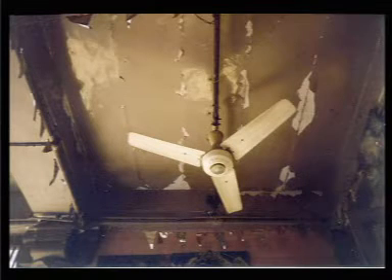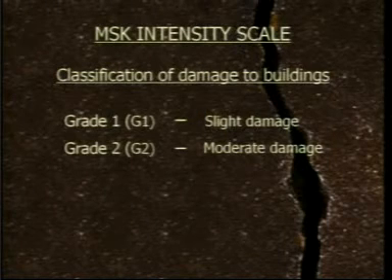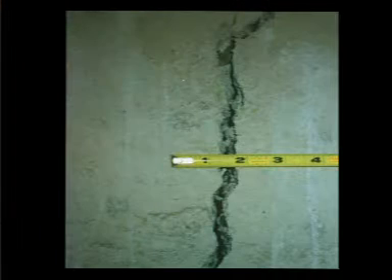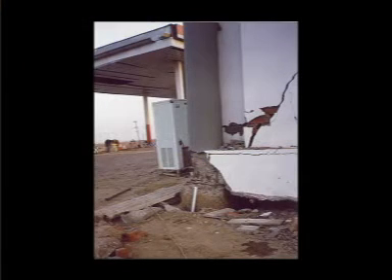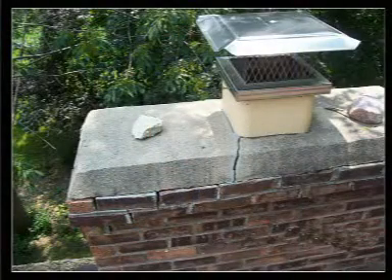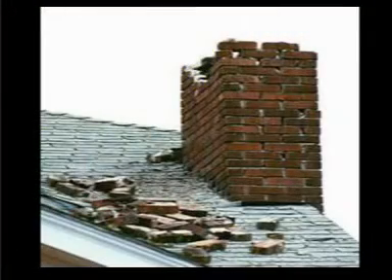It is defined as fine cracks in plaster and fall of small pieces of plaster. Grade 2 is higher than grade 1, which means moderate damage. In this, small cracks in the walls, fall of fairly large pieces of plaster, pantiles slip off, cracks in chimneys and parts of the chimneys fall down.